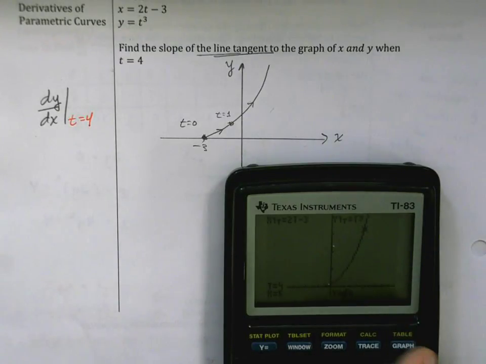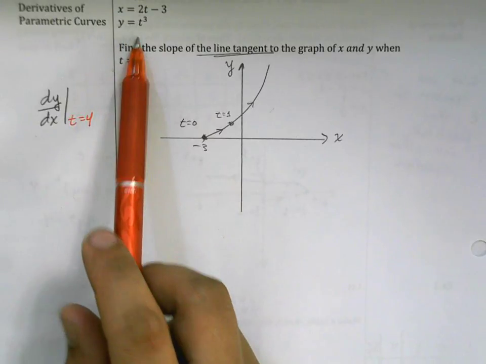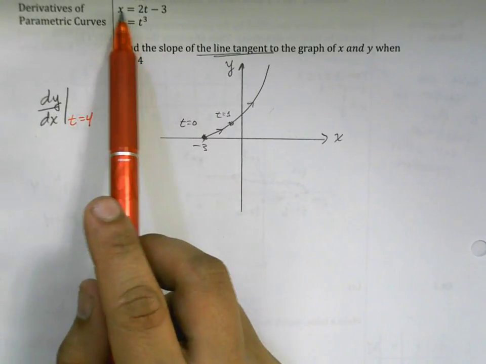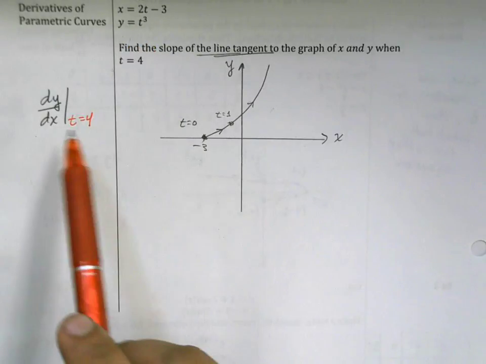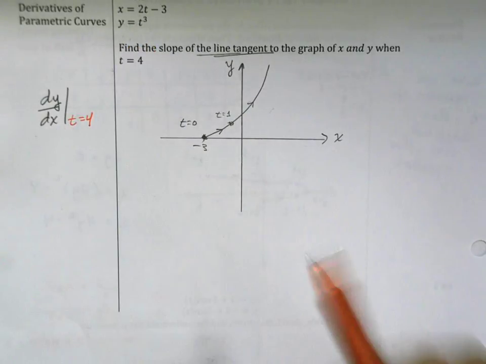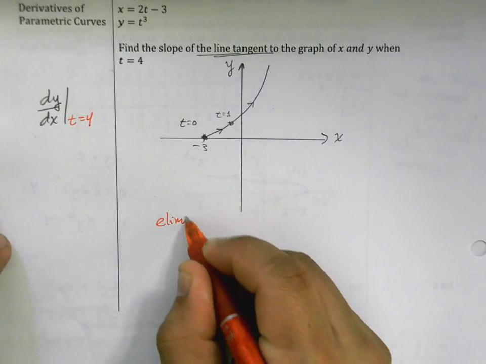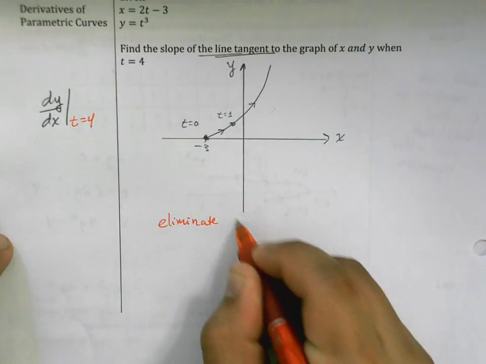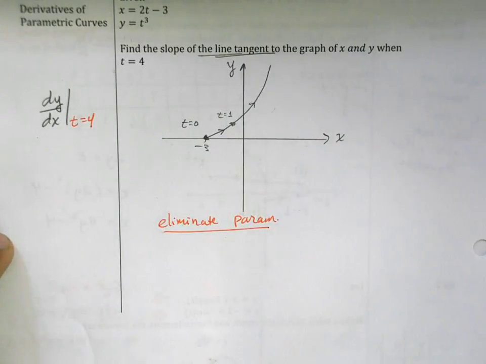Now notice, we don't have a function of x and y in terms of each other. We have two separate functions, x in terms of t and y in terms of t. So in order to get dy dx, we have to first eliminate the parameter. And we're trying to get y here as a function of x. So in other words, y is the dependent variable.